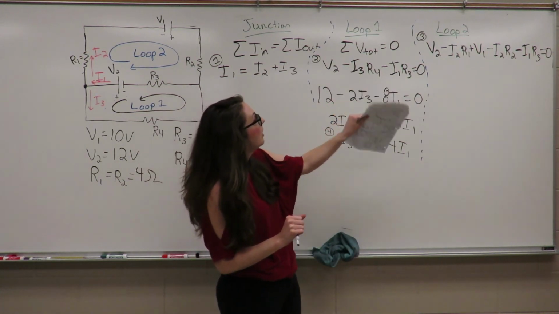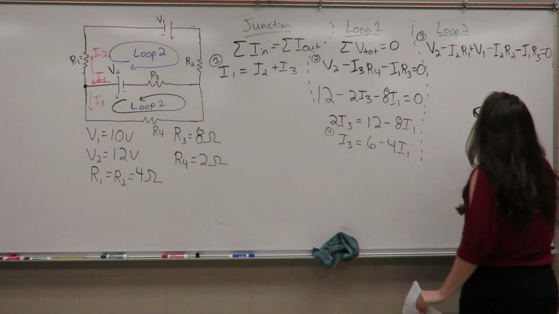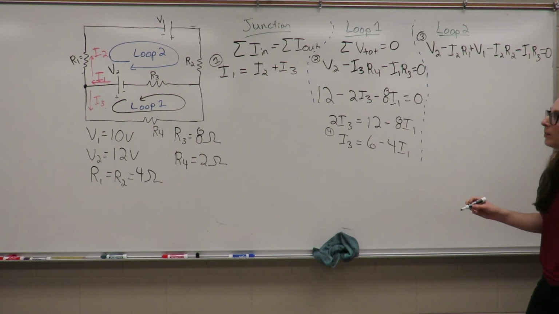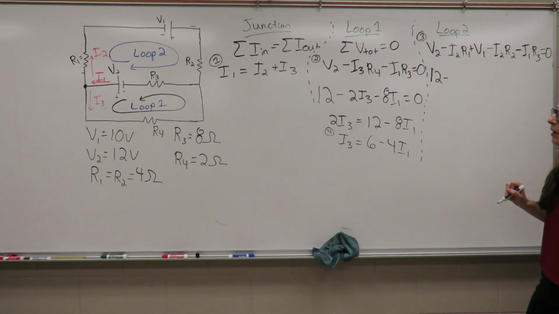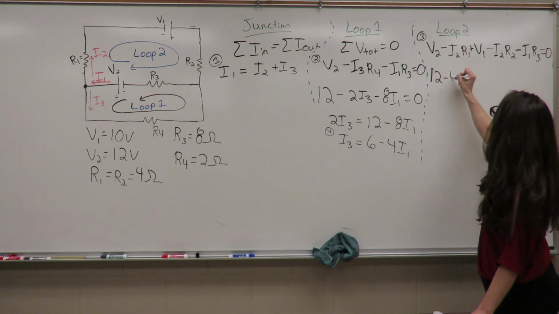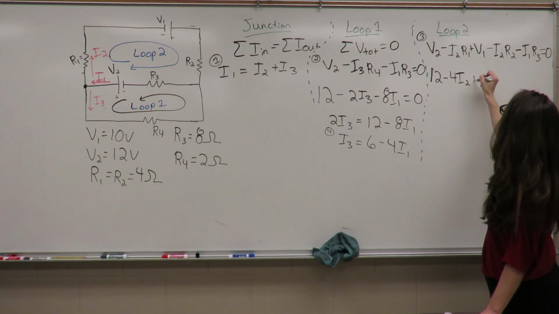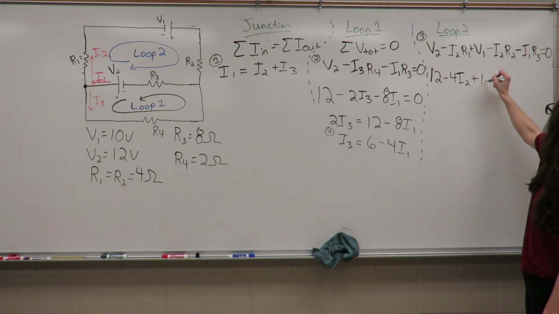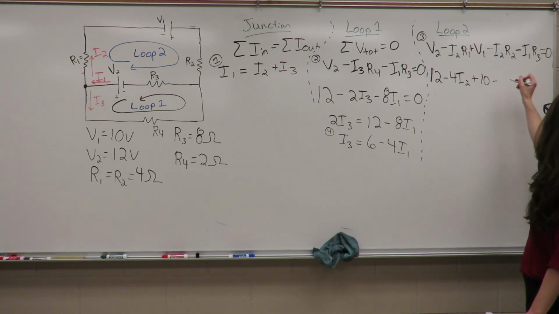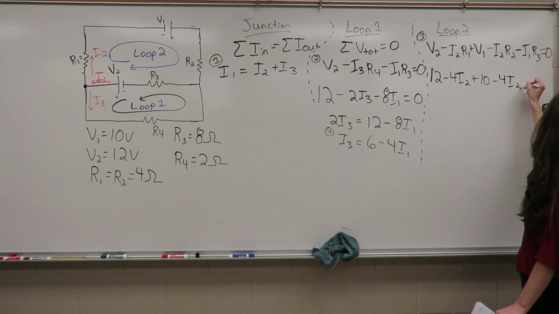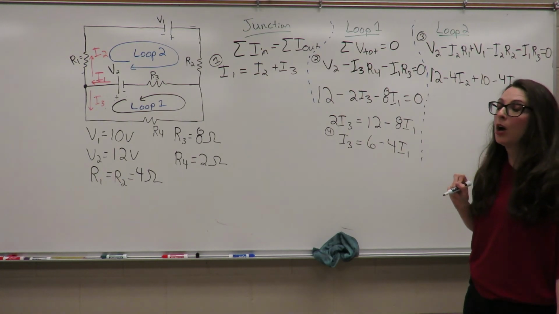Now let's move over to our equation for loop 2 and fill in the values for there. So V2 is 12 volts minus I2R1. R1 is 4 ohms, so minus 4I2 plus V1 is 10 volts minus R2 is 4 ohms, so minus 4I2 minus I1 R3.